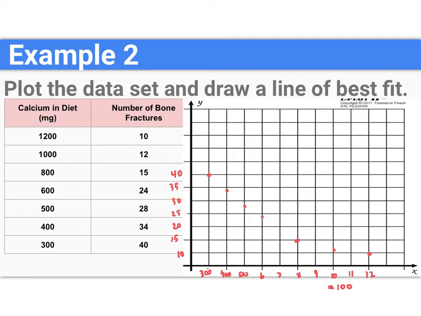So how do we draw this line showing negative correlation? I guess we would do something like that. Again, showing negative correlation. The less calcium in your diet, the more bone fractures you are likely to have in general.